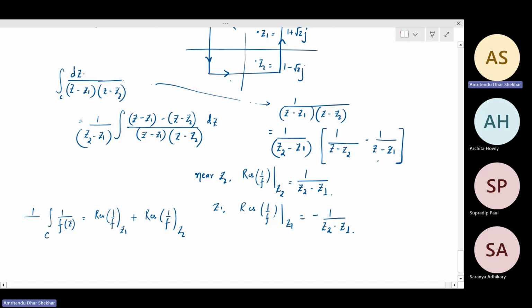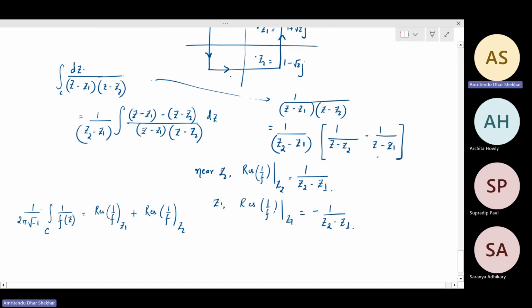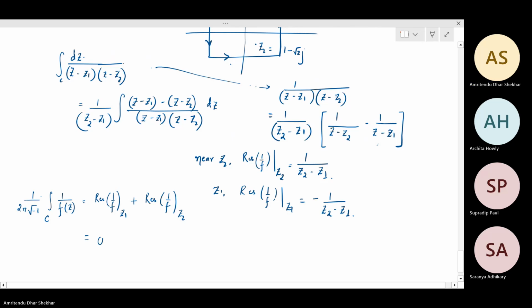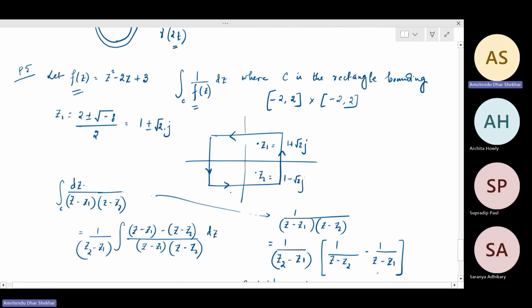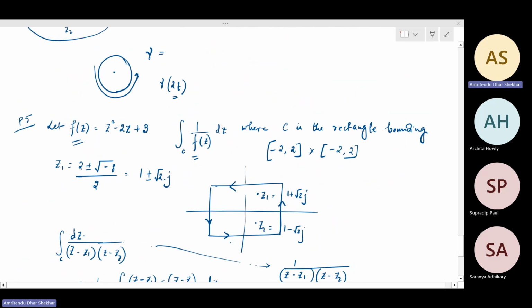I wrote it as f, I should write it as 1 by f. And this is equal to 0. So the integral is equal to 0. I hope you got how to apply the calculus of residues to compute these integrals where the domains have poles in them.